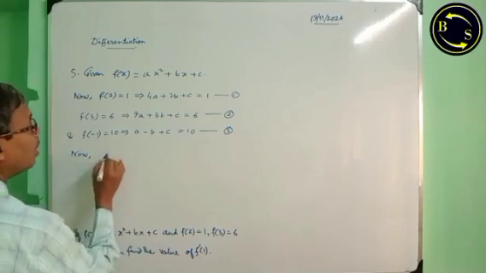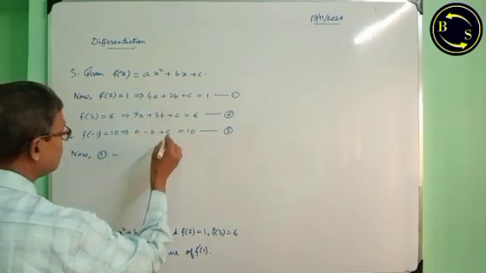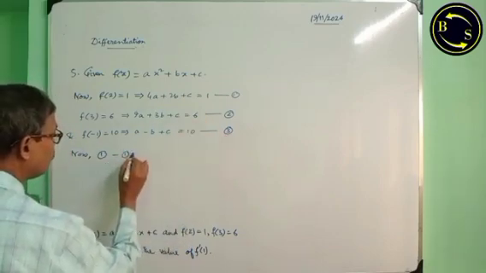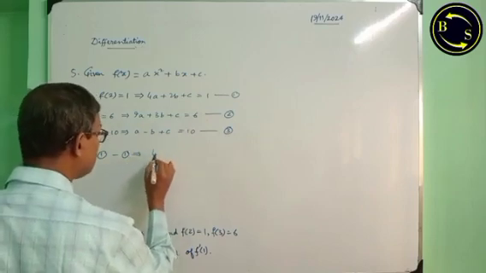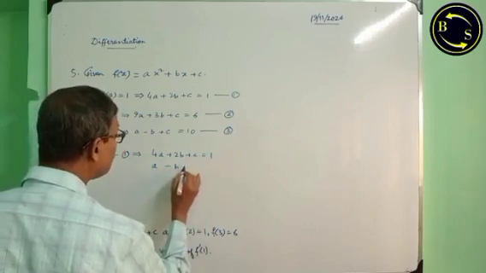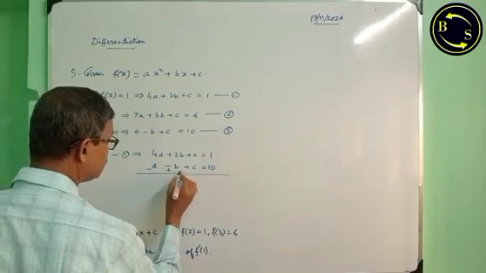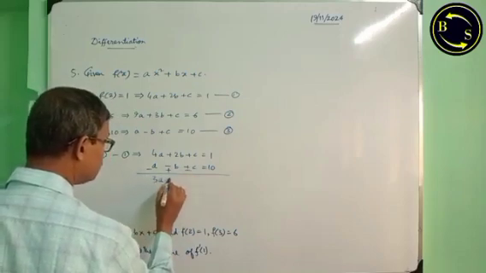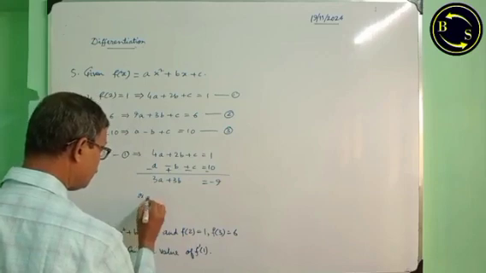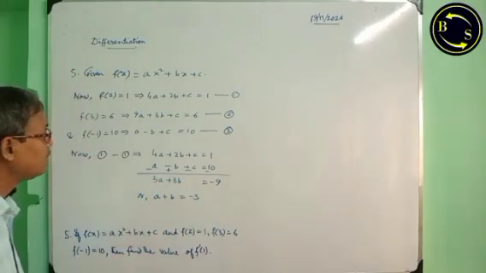If we want to cancel c, we just subtract equation 3 from 1. We get a plus b equal to minus 3.